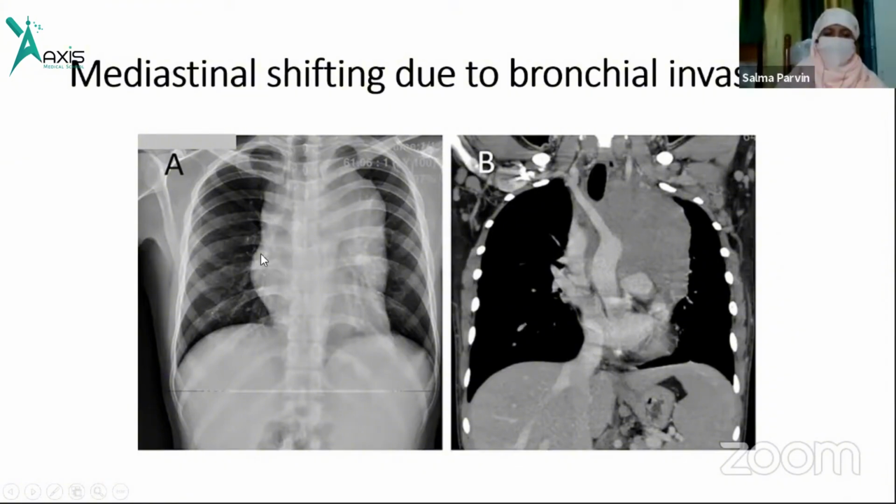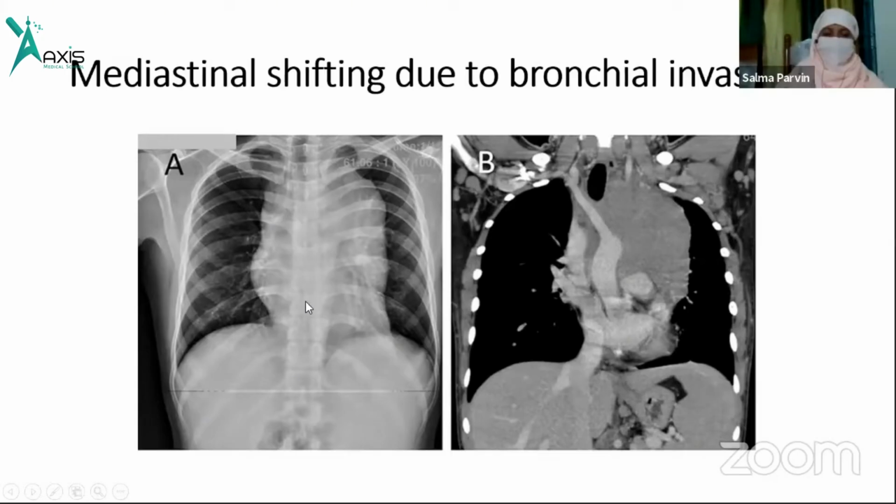These are all the lymph nodes present, producing wider superior mediastinum and the cardiac dimension to be like this.